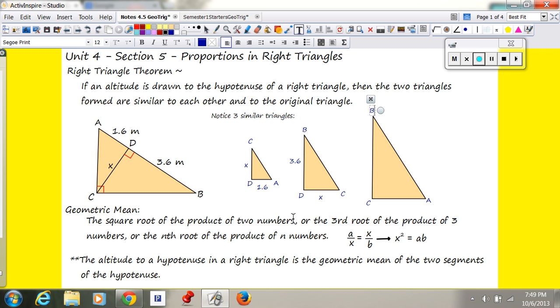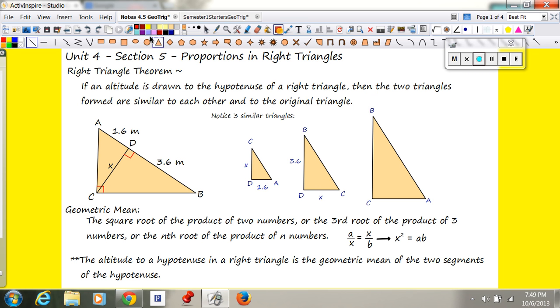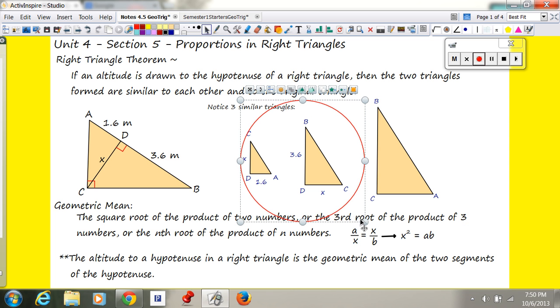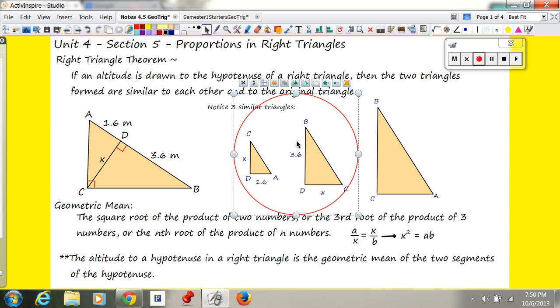So if you take a look at these two similar triangles, you can see that they have corresponding pieces.